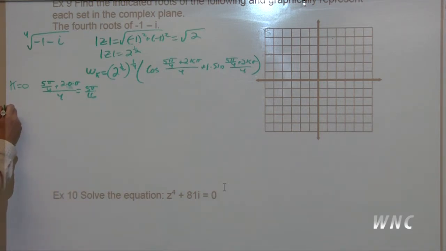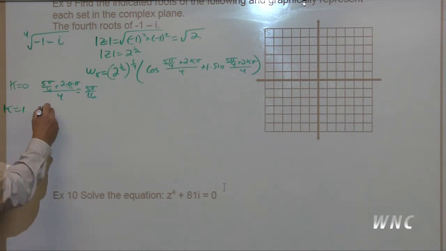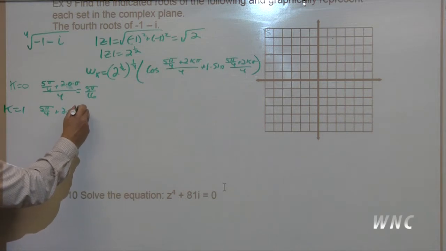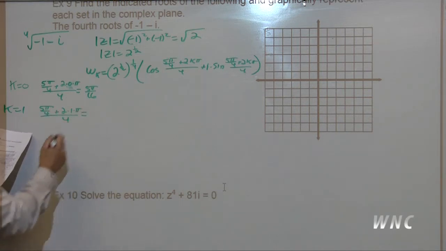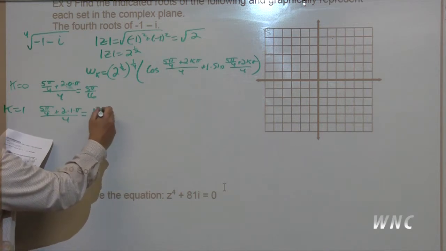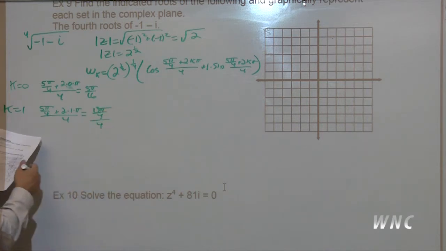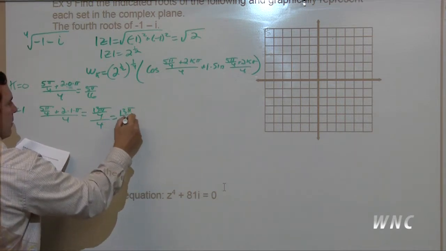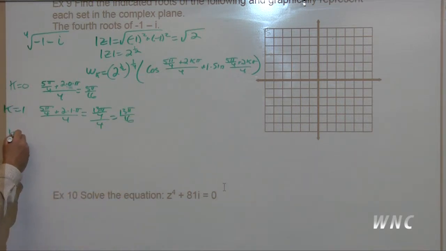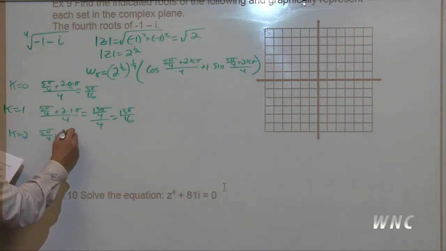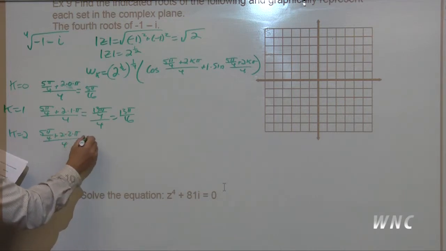For k being 1, we have 5 pi over 4 plus 2 times 1 times pi all over 4. That's going to be 13 pi over 4 over 4. That's 13 pi over 16. For k being 2, we have 5 pi over 4 plus 2 times 2 times pi all over 4.